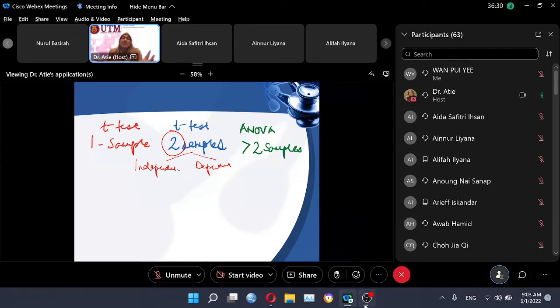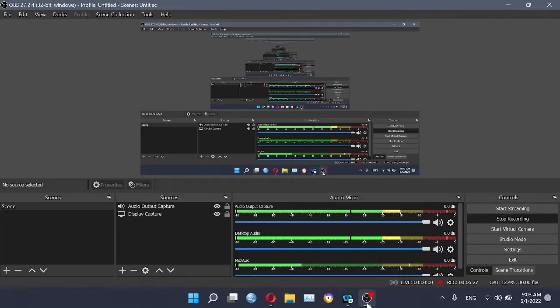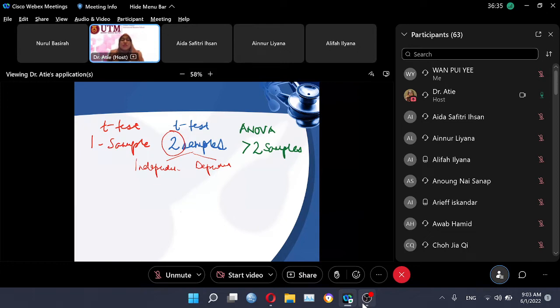But in real life, usually we are not just comparing two samples or two groups of people, we sometimes have more than two groups, two samples, two populations. If you want to compare more than two samples, the t-test is no longer valid, and we need to use another statistical tool to analyze these samples.